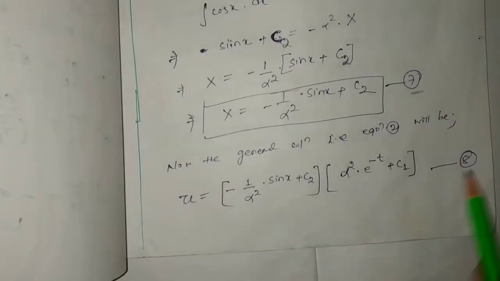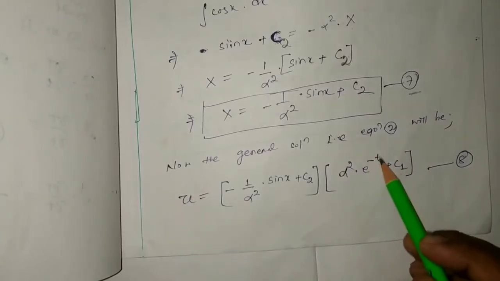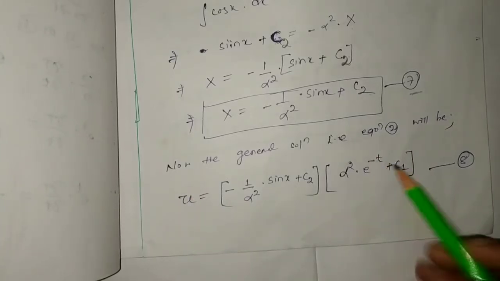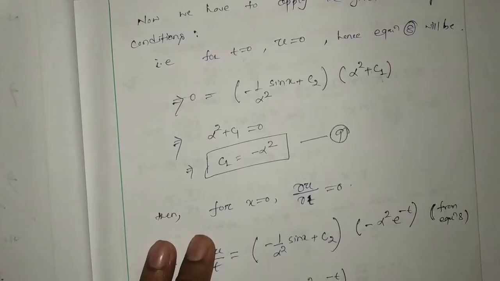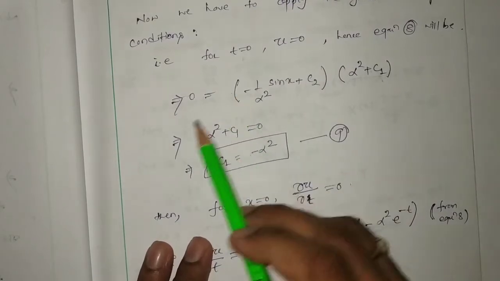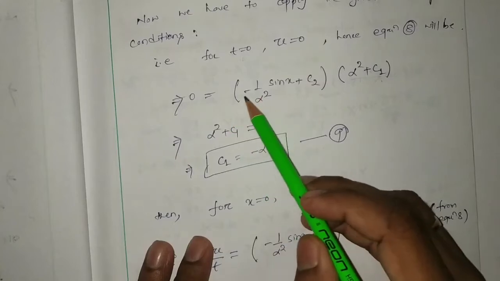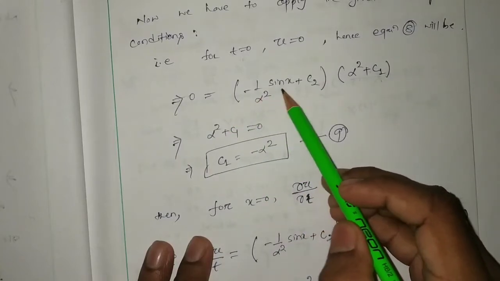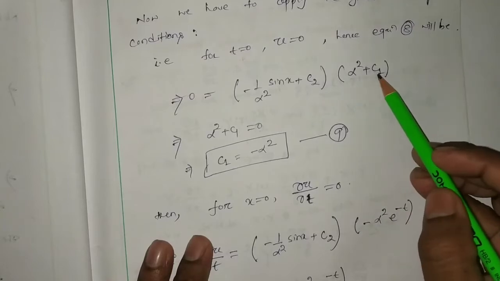So in equation number 8, u will be 0 and t will be 0, which means e to the 0 will be 1. So we found that 0 equals minus 1 by alpha square sin x plus C2 into alpha square plus c1.